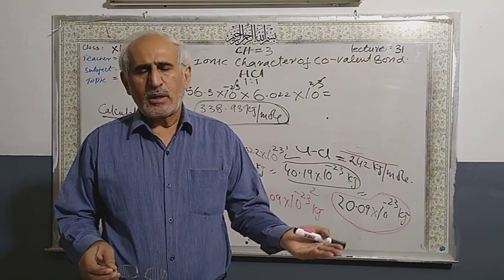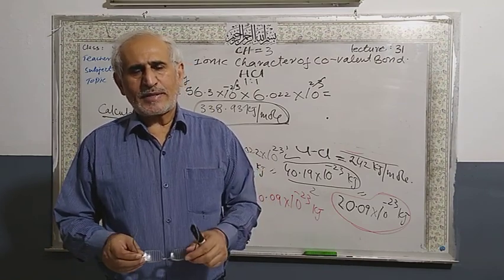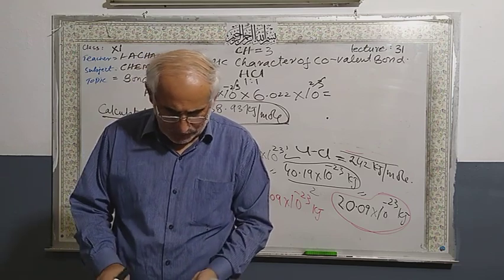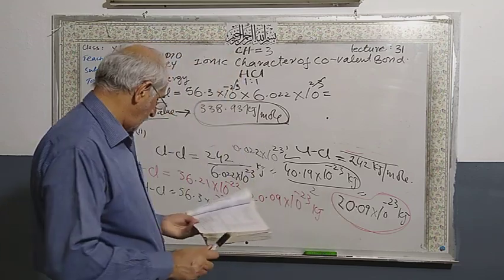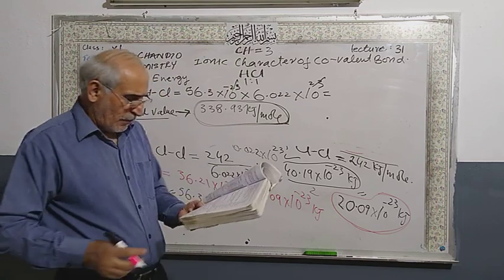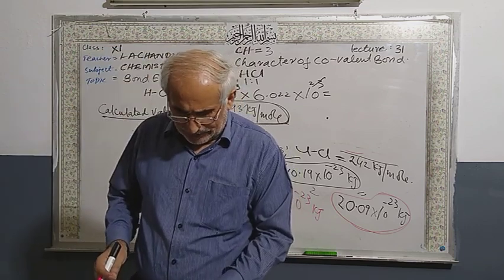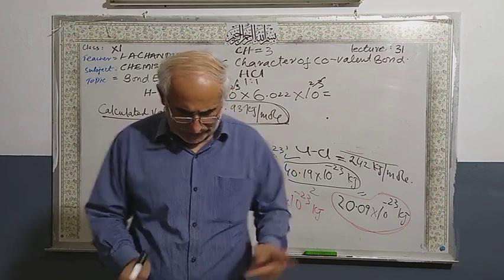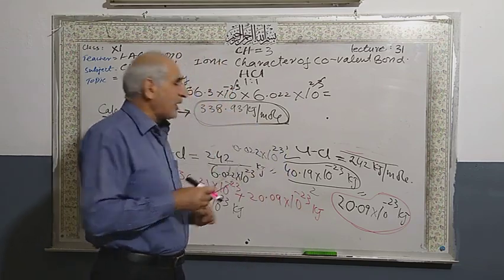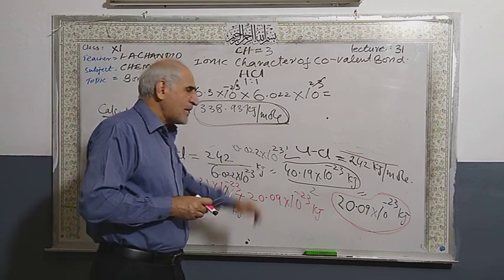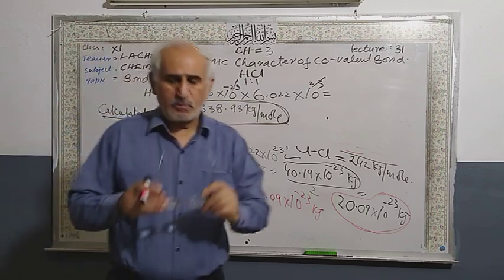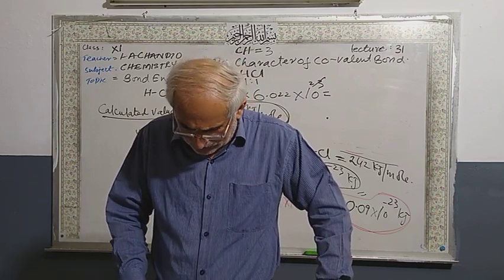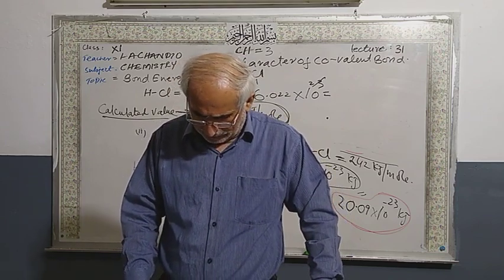I read the table in the previous lecture, and I will show you here too. So this is the calculated value. The relationship between bond energy and electronegativity can be formed theoretically. The other one is experimental, the experimentally determined value of HCl bond energy.